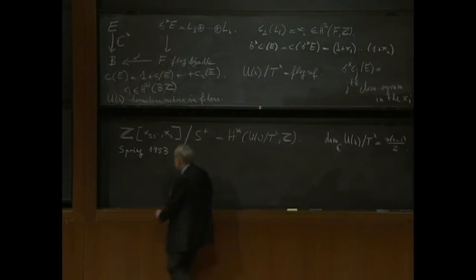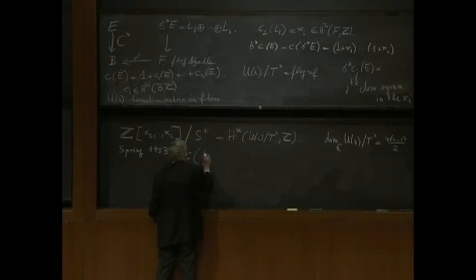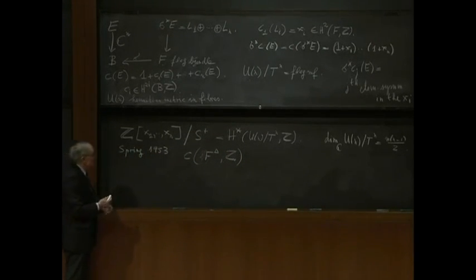And now the question arises, what is the total Chern class of the bundle along the fibers? Well, let's call this F with some triangle. I think we called it like this in the old days. The tangent bundle along the fibers.